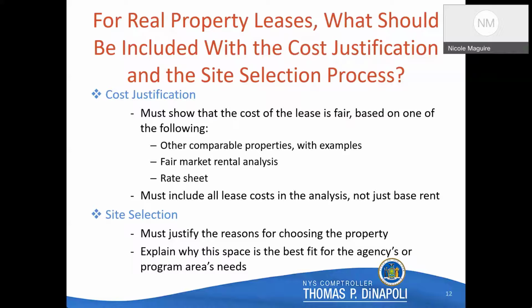These are just the factors that could change the agency's site selection and the justification for that decision, and they should be included in the contract documents. This information can be included with the cost justification or can be outlined in the, you guessed it, cover letter sent with the contract package.